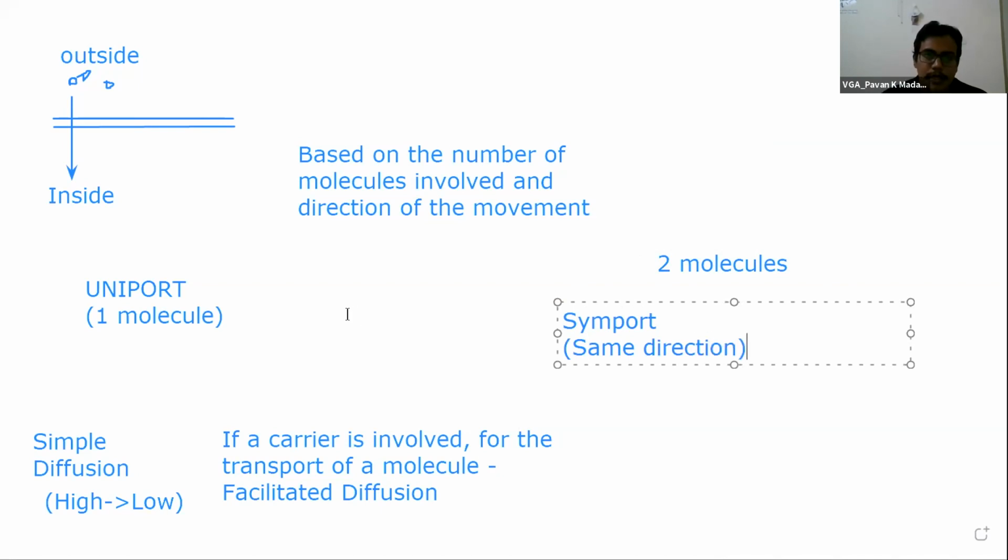For example, like I am drawing it, let me change the color. These two molecules are moving in the same direction. For more clarity, I am putting two arrows here. This is called symport. If the two molecules are moving in the same direction, that is called symport.